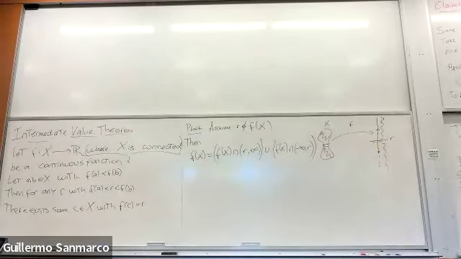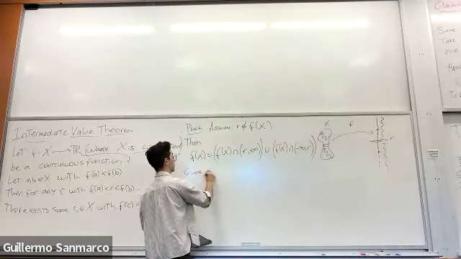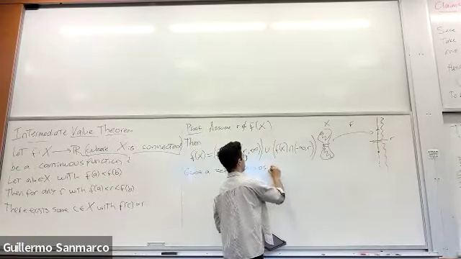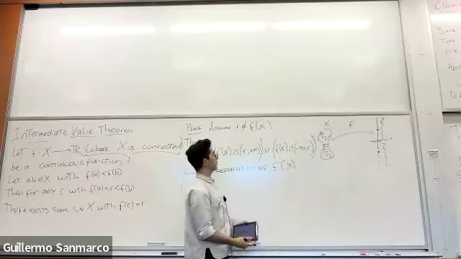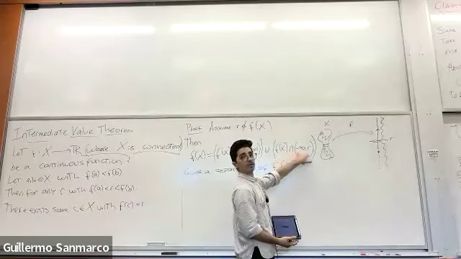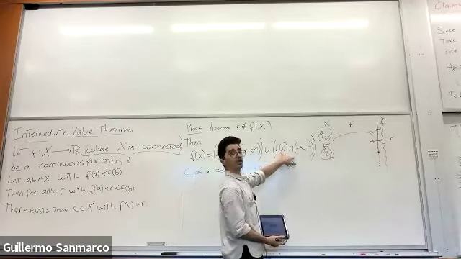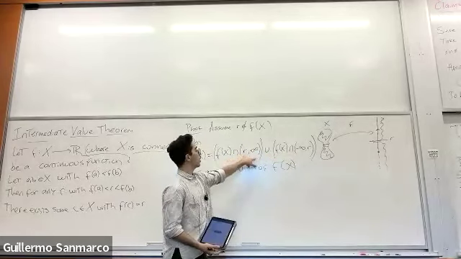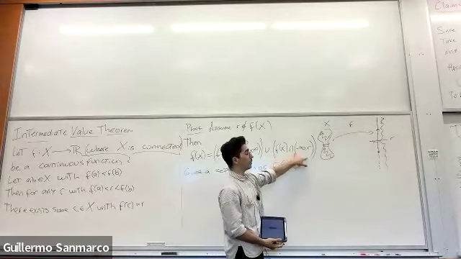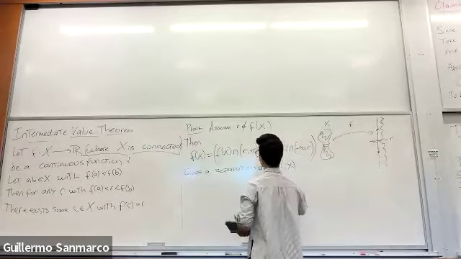Okay? And this is a separation. And everything is kind of direct here. These two guys intersect trivially because these smaller pieces intersect trivially. You're assuming f of A lives here, f of B lives here. Both are open because open intersection f of X is open with the induced topology. So we're done.